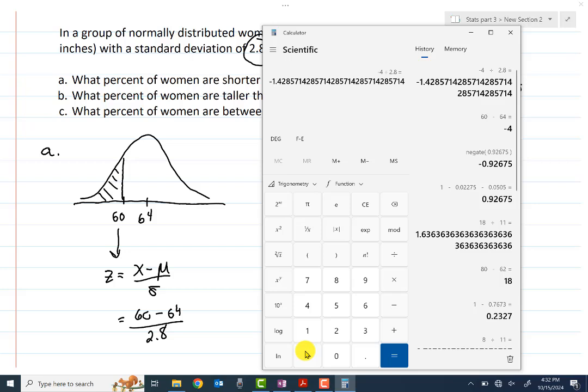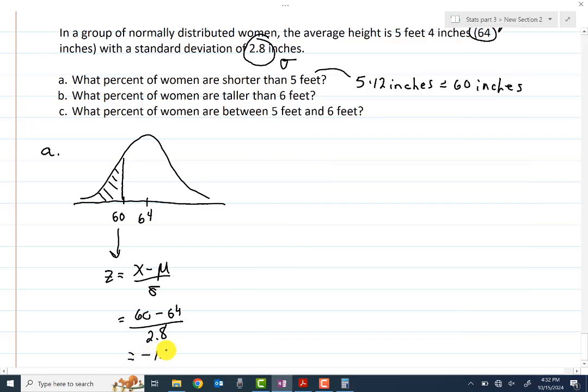So about negative 1.43. Remember, you have to round to only 2 decimal places to make this work out. Now, once you've done that, you've transformed the graph into one that looks like this. Notice the two graphs, they still look the same, just the numbers are different.